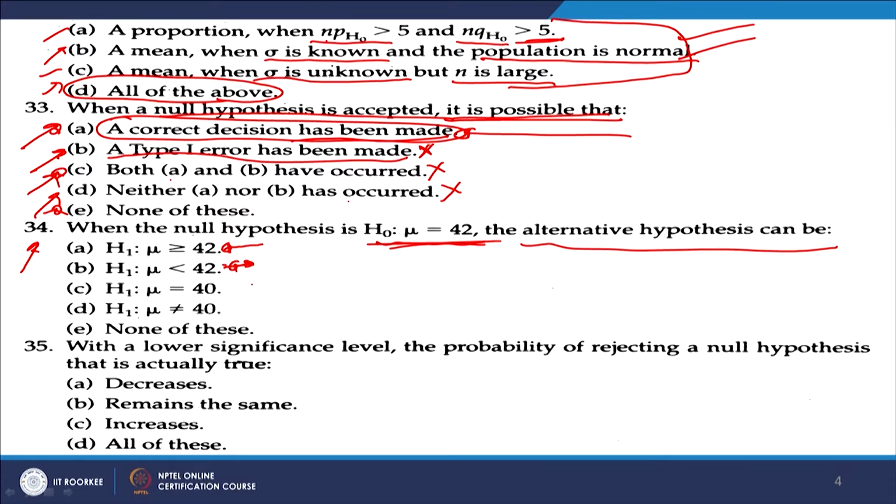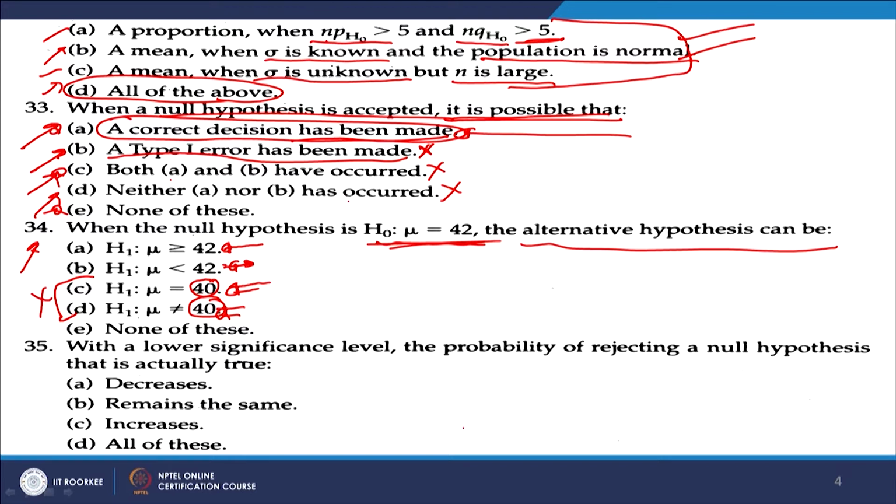The third option is equal to 40, is not equal to 40. So, if you look at these options very carefully, how can you have 40 and 40 in the alternative hypothesis? So, these two options are ruled out, is it not? Okay.